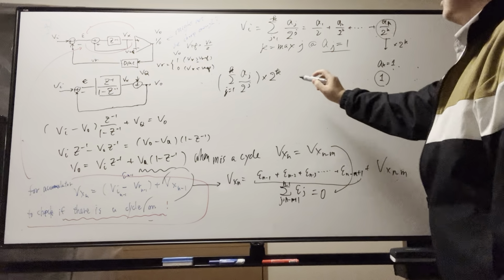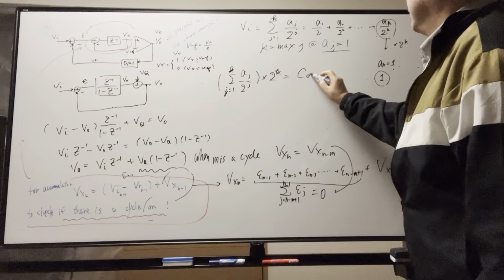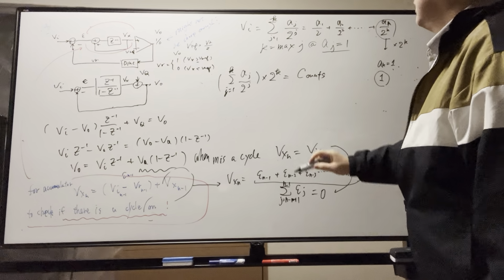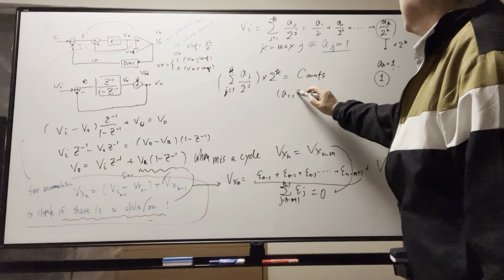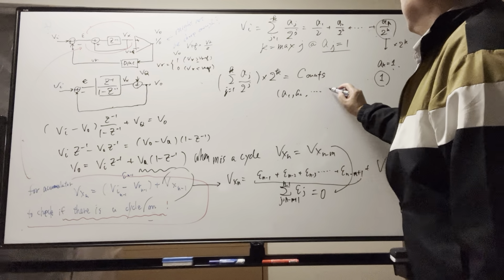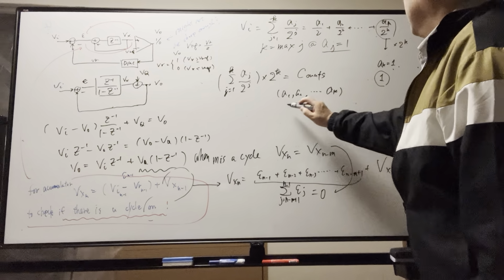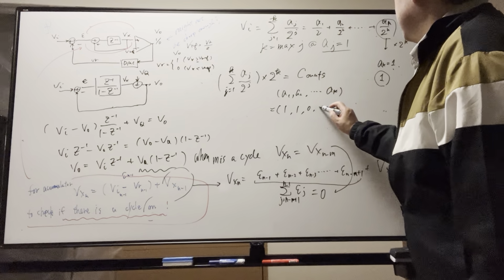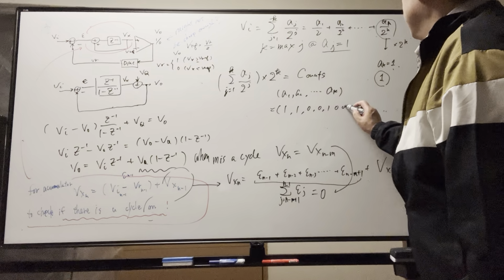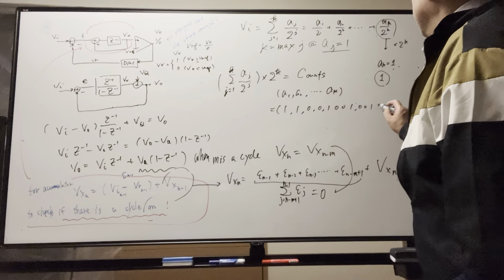So this makes some kind of count of a1, a2, up to ak, for example 1, 0, 0, 0, 1, 0, 0, 1, 0, 0, 1.